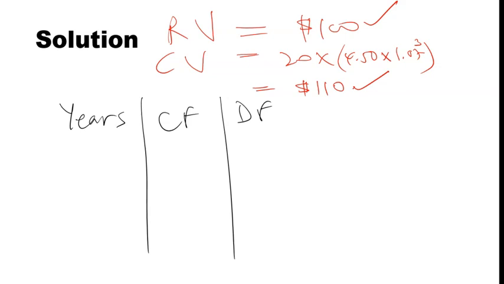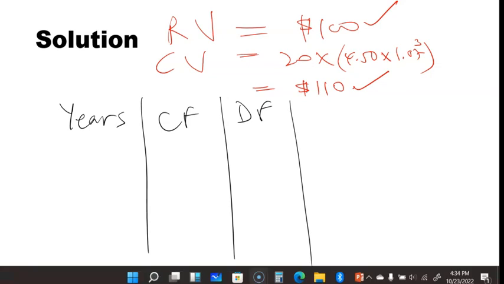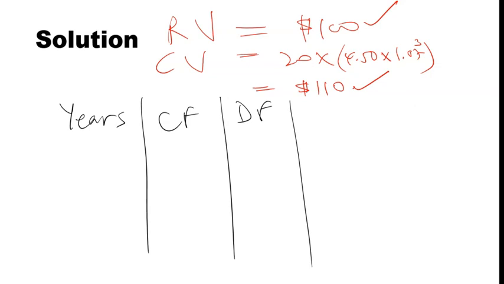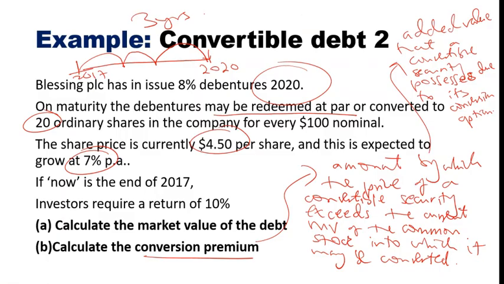All right, so discount factor. Okay, I think I missed one thing here. What is required is actually the market value of the debt. So in terms of the IRR, there's no point because we have been given the rate already.